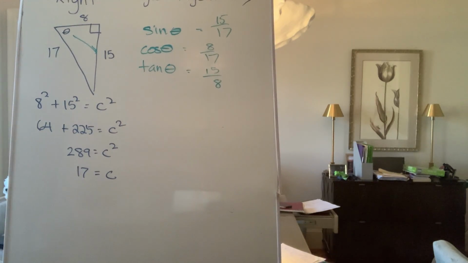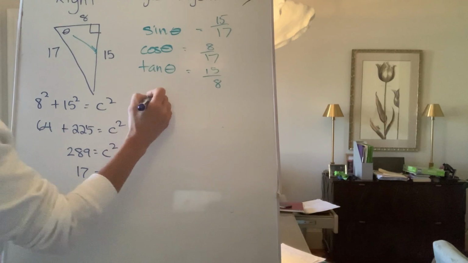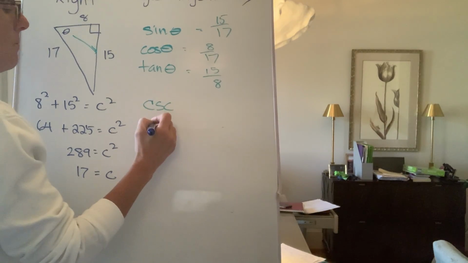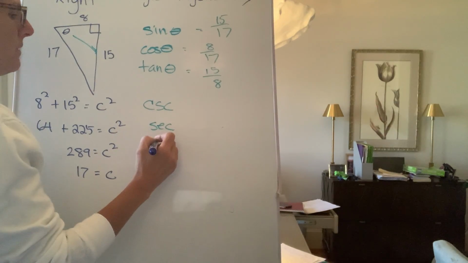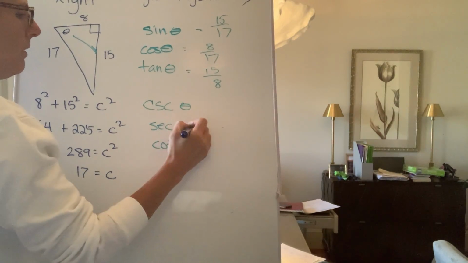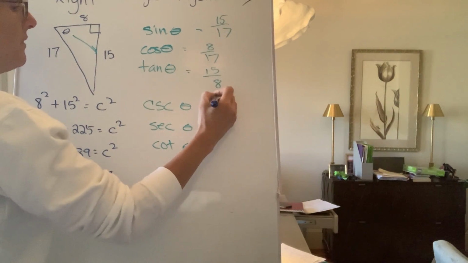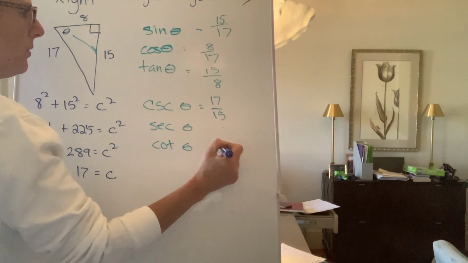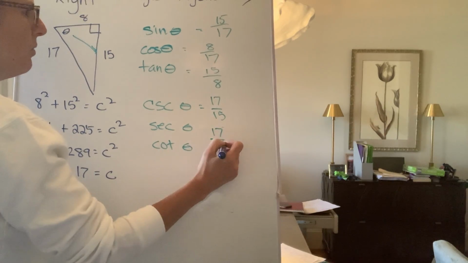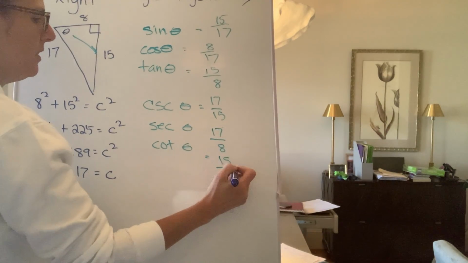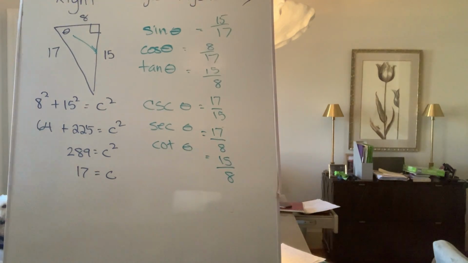Then you can just leave your answers like that. Cosecant, secant, and cotangent of those angles would be just the reciprocals of these: 17 over 15, 17 over 8, and 15 over 8.